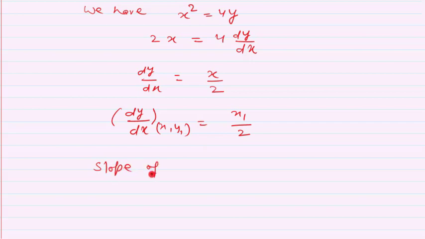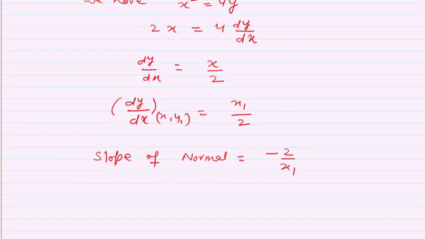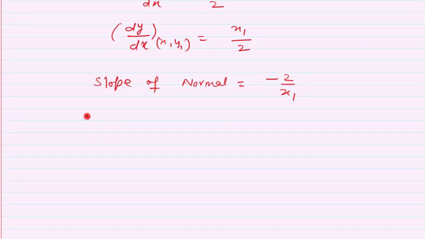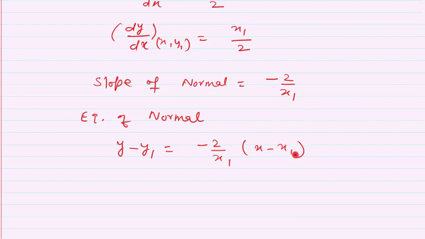So slope of normal, you know very well, it is minus 2 upon x1. Now slope of normal and passing point are given, so we can easily calculate equation of normal, which is y minus y1 is equal to m, where m means minus 2 upon x1, into x minus x1.